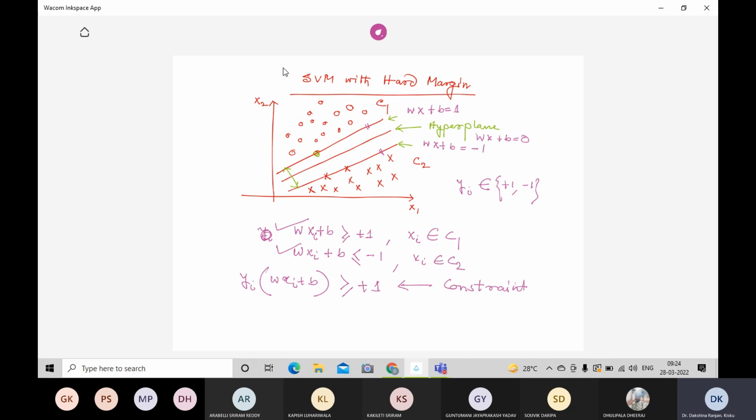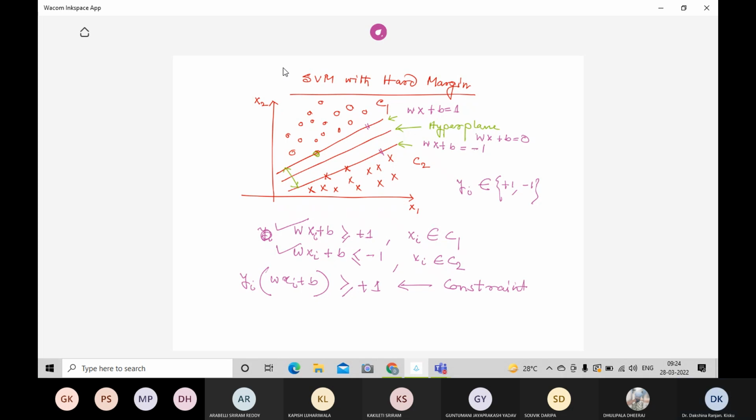If we consider the negative class, that is C2, then yi is negative, and w xi plus b is also negative. So when we associate the class information with w xi plus b, we also get the constraint positive.